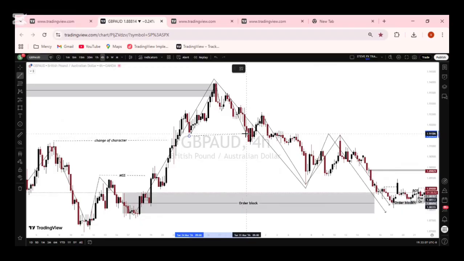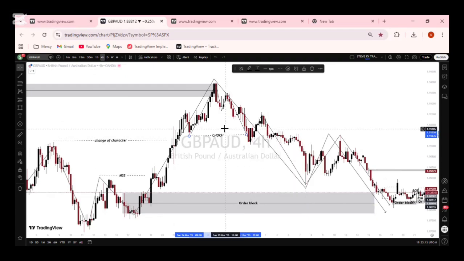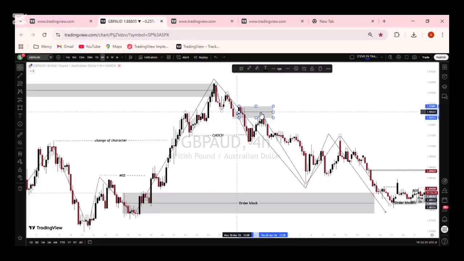All right, so you might see that traders sometimes mark this zone as their change of character, and then you have this order block over here. It's a perfect analysis, but what you need to understand is that this is not the overall direction of the market.